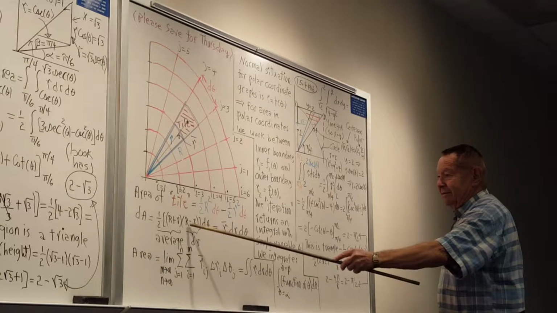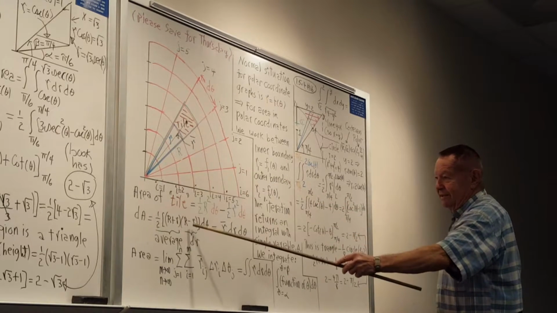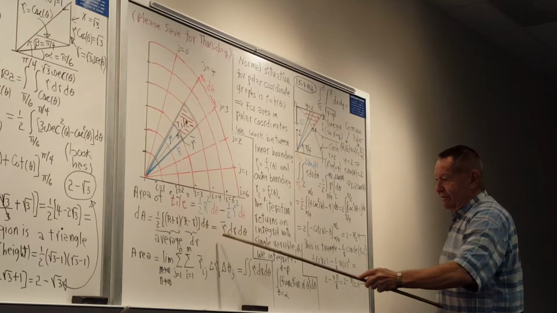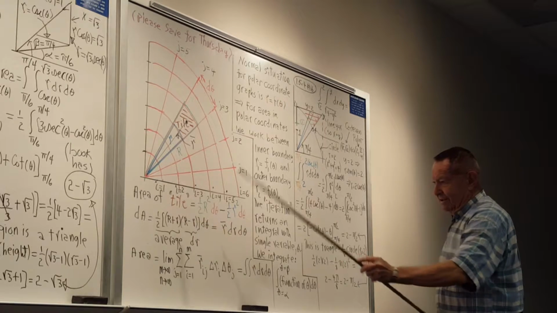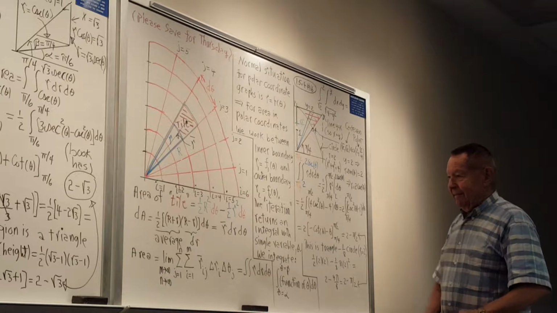And then as you go to more and more of these, treating this as a differential, your difference in R, big R minus little r, would be dr, and then the angle is d theta.